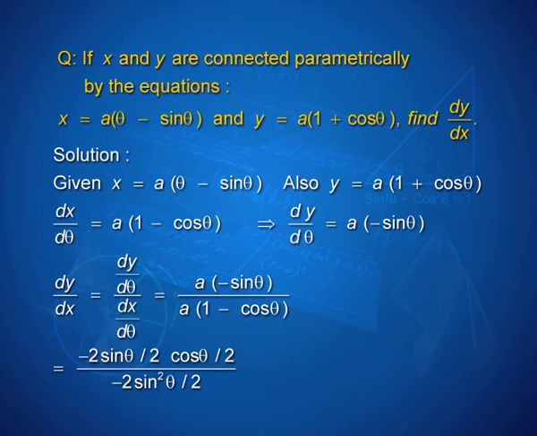It all simplifies to be the same as minus cot theta by 2. That would be the derivative of y with respect to x, where x and y are parametric functions of theta. So, the derivative is also a function of theta, it is not a function of x in this case.